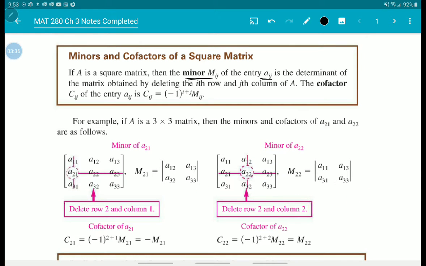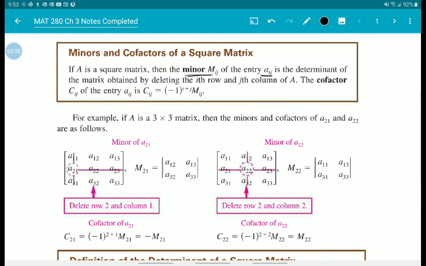So let's say we want to throw one in with numbers. So suppose we have matrix A as this guy. And let's say we want to find the minor for A32.